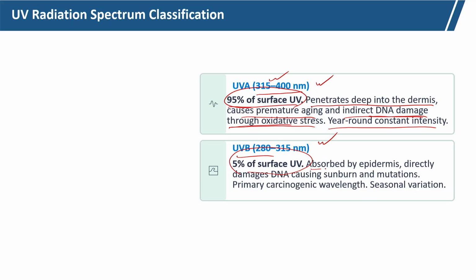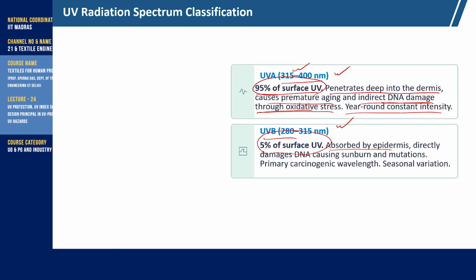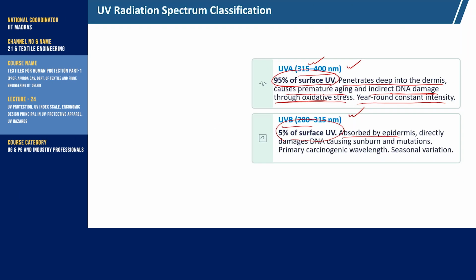UVB is absorbed by the epidermis in the skin and directly damages DNA, causing sunburn and mutation.